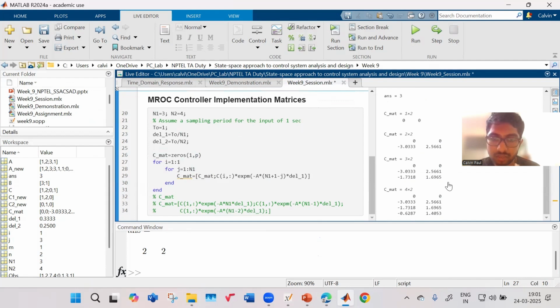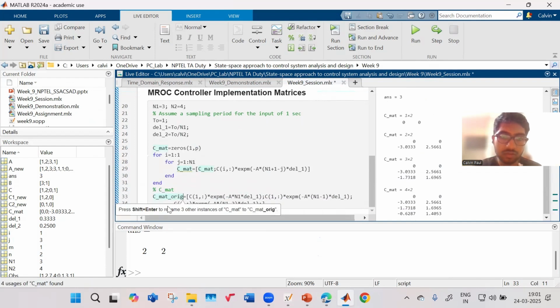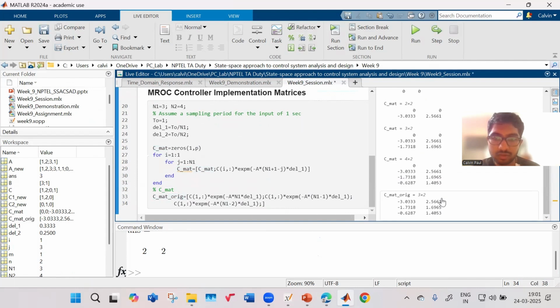So first, minus 3.003, let us check with this. What is coming? Okay, this is coming. So this is for the first set of inputs.